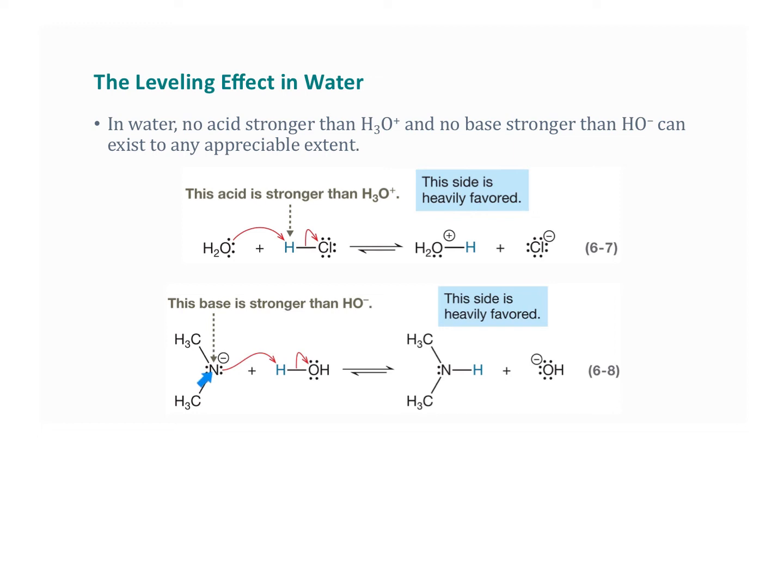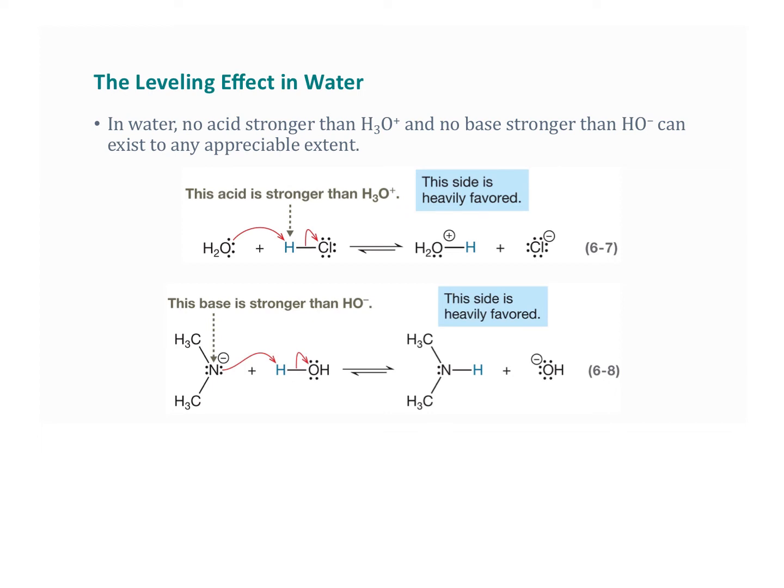So when this is added to water, it's completely consumed, leaving OH minus as the base. And so you don't have any more of this left, and it can't react with something else. So basically water has come in and leveled your reactants in both of these cases.